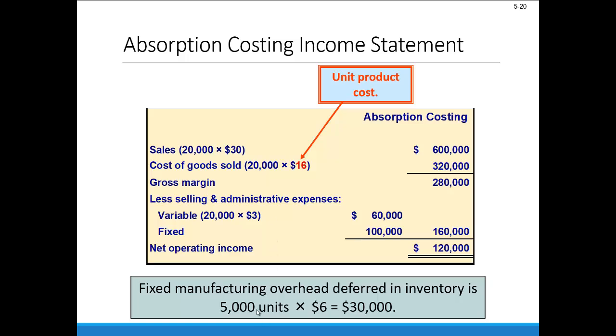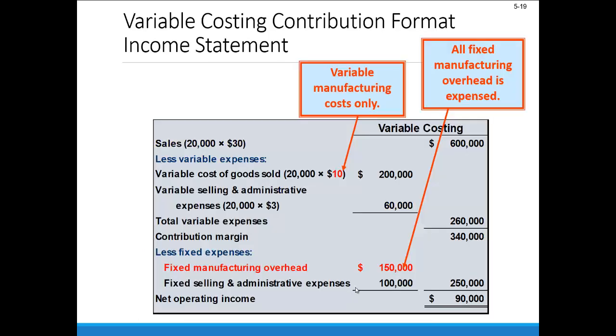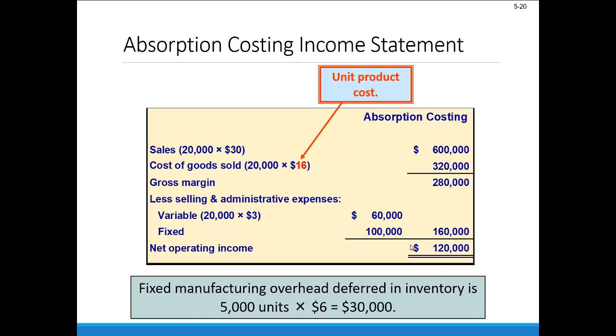So the 5,000 unsold units under absorption costing have $6 a unit in fixed overhead attached to them, if we want to think of it that way. So total fixed overhead deferred in inventory is 30,000. Under variable costing, on the other hand, we expensed the entire 150,000 in fixed overhead cost in this one period. So that is causing this $30,000 difference in net income under the two methods.